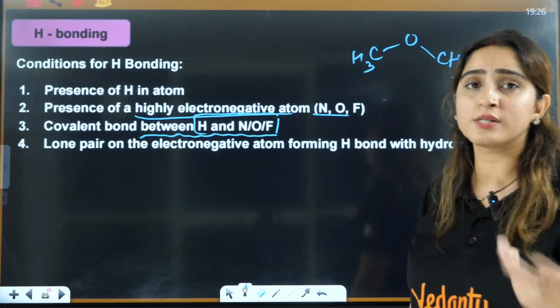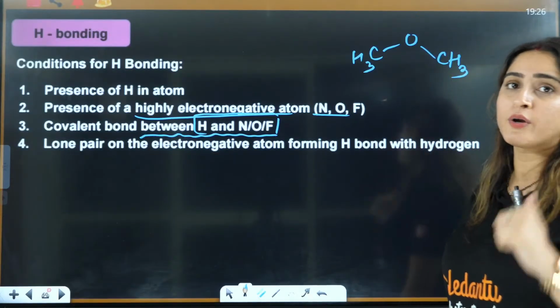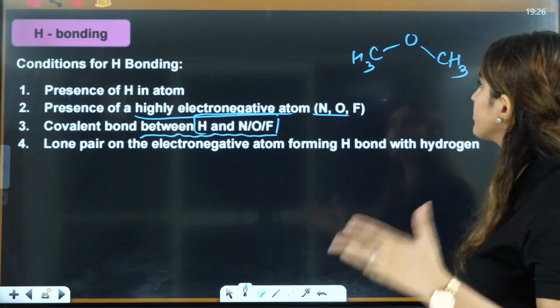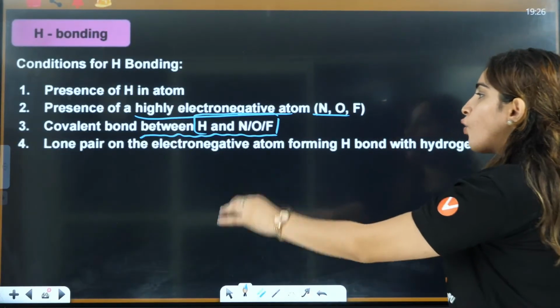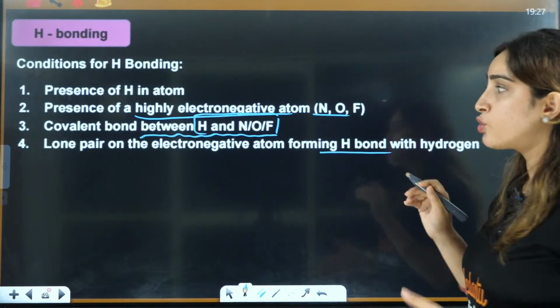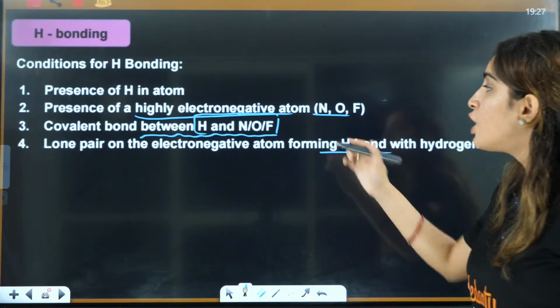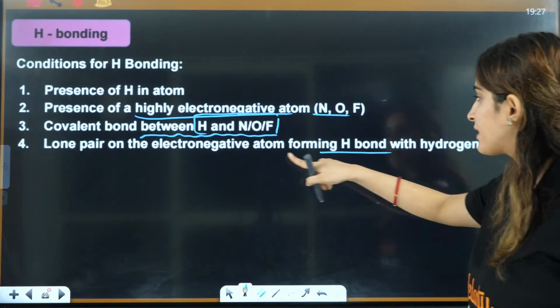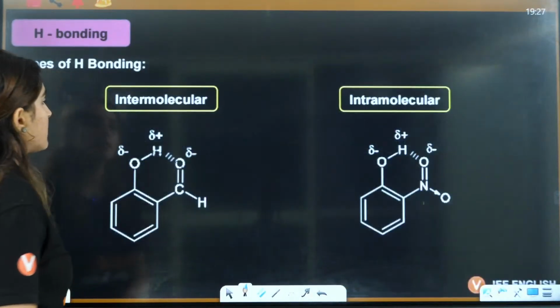Ether never shows hydrogen bonding because its hydrogen is not bonded to any electronegative element, right? So it should be bonded to an electronegative element, only then can it show hydrogen bonding. A lone pair on the electronegative atom forms a hydrogen bond with the hydrogen, right?